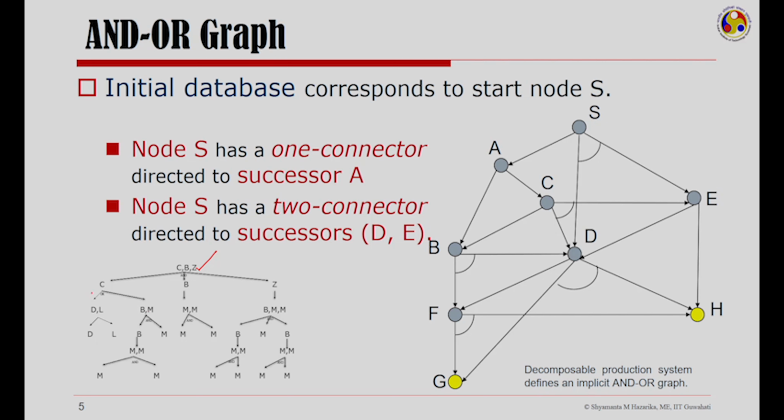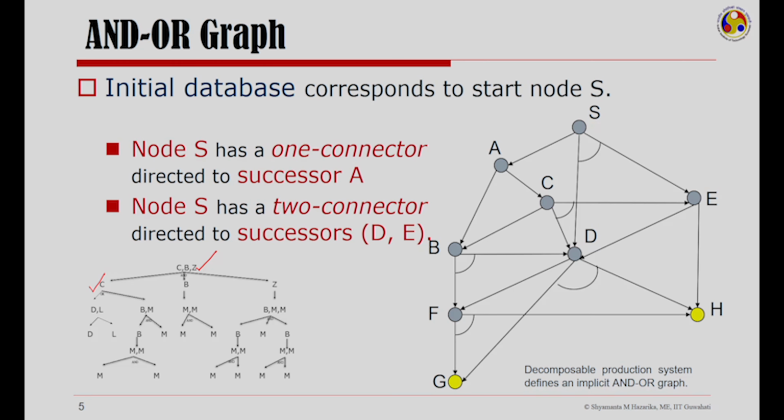So, here we have an OR node, but when we split the main problem into 3 component problems C, B and Z, we have an AND node. So, decomposable production systems define an implicit AND/OR graph.